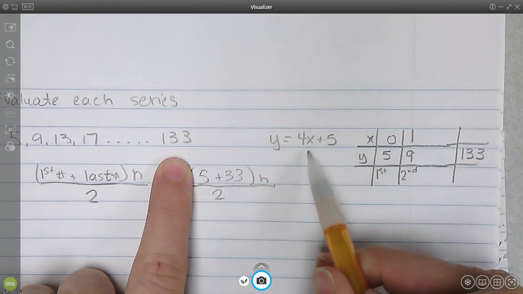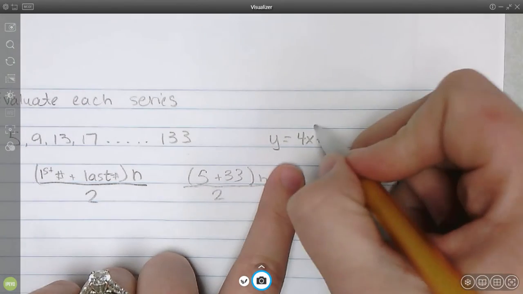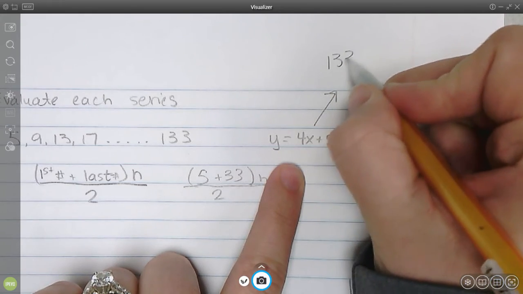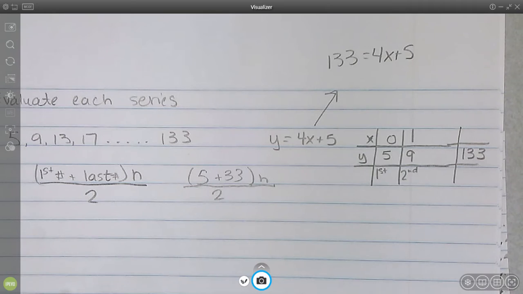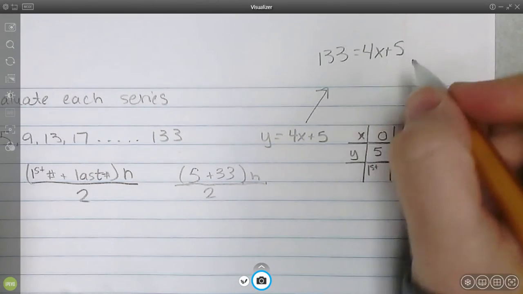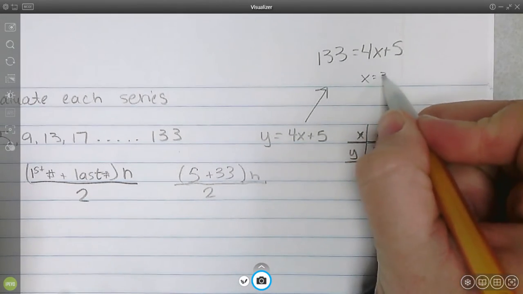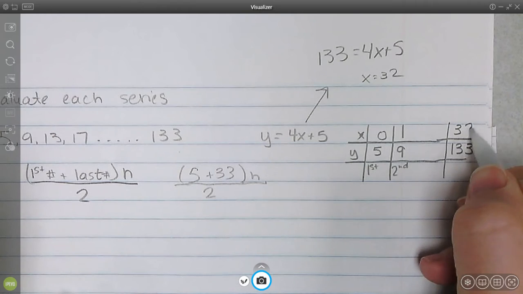So I need to find my x value. So if I plug in 133 equals 4x plus 5, I'm going to subtract 5 from both sides and divide by 4. So that gives you 32. So my x value is 32.